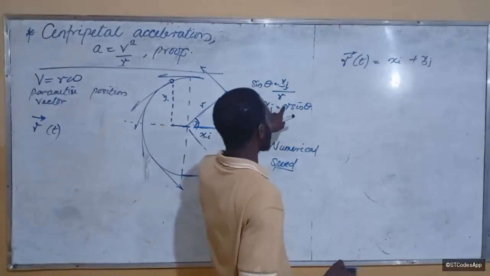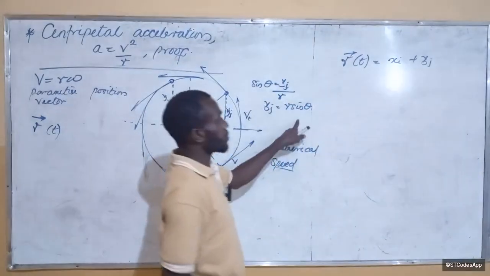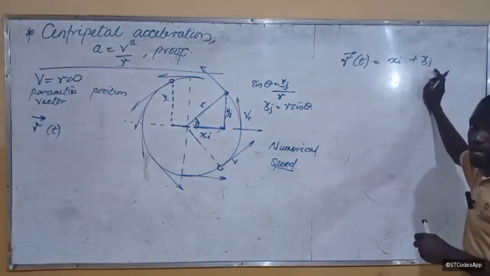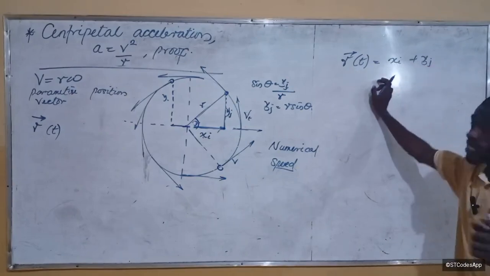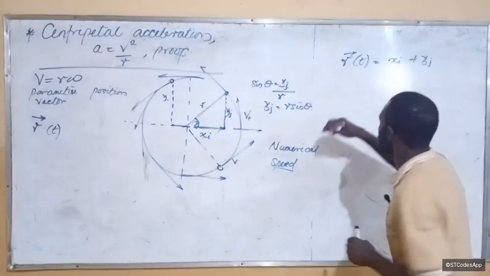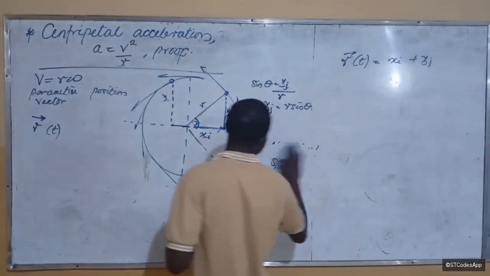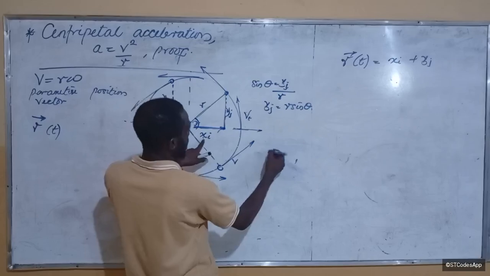So since it's being defined in terms of j, I can still put my j here. Since it's a vector, I am not doing the vector addition now. I'm not doing the addition itself, where I will have to square this, take the square root. You remember that thing, right? Good. So then for x i, that will be cos theta.